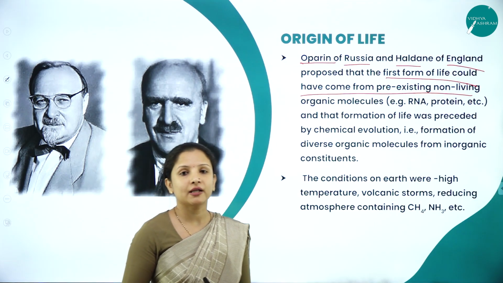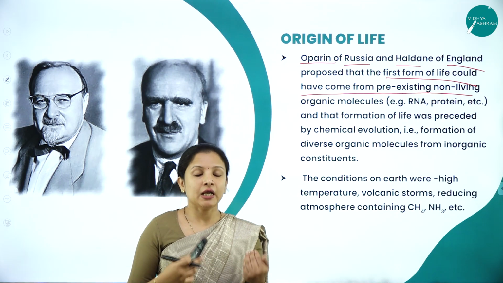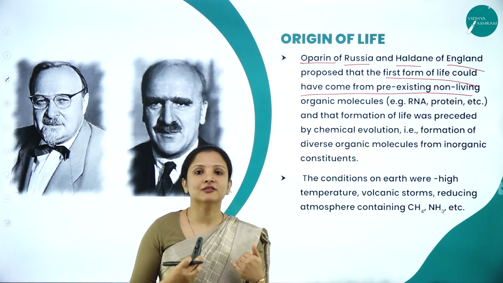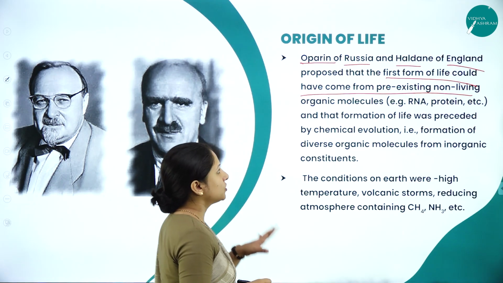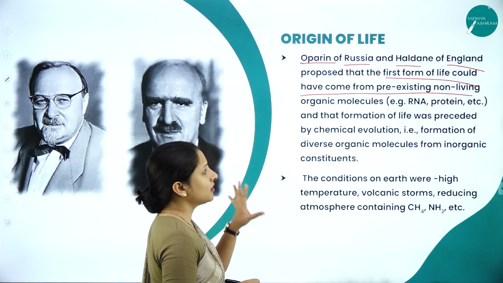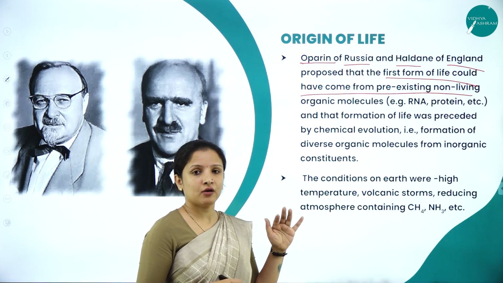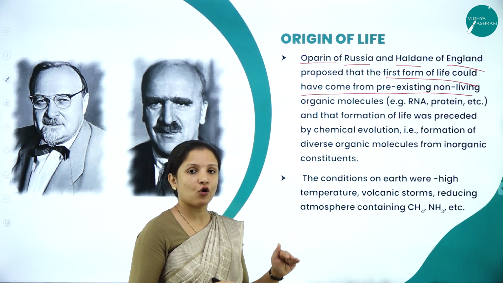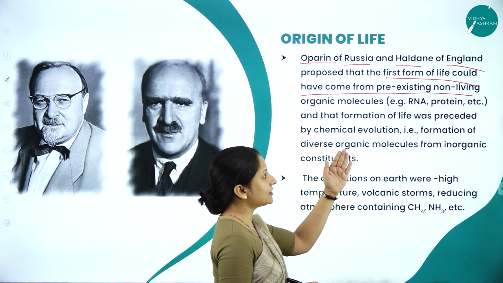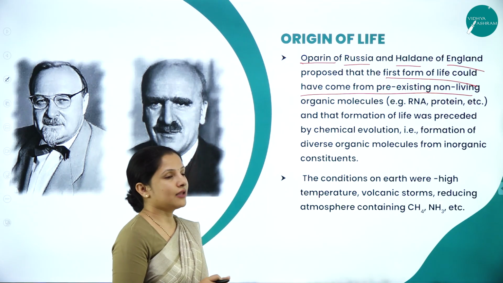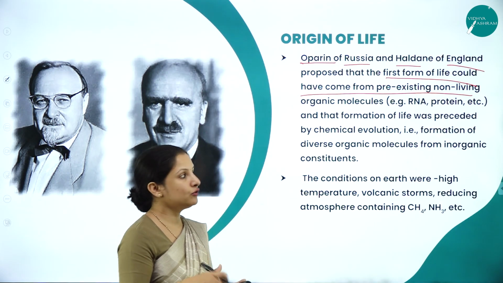Non-living organic molecules means, in our body, we have organic molecules which are non-living, such as proteins, DNA, RNA and so on, right? They said that from the RNA, protein and other non-living molecules present inside the body of living forms, life actually exists, or new lives are formed.